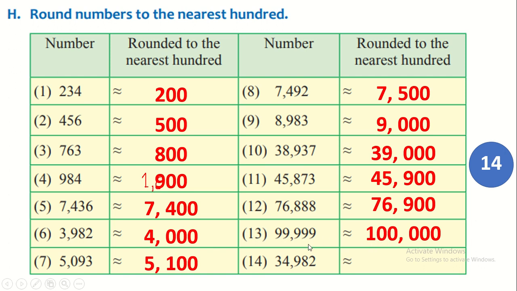And number 14 is 34,982. 9. Next you round is 8. You round this to 35,000. Correct, students? Okay, don't forget the number 4 here, the answer is 1000. Okay, students, sorry for I wrote here 900.